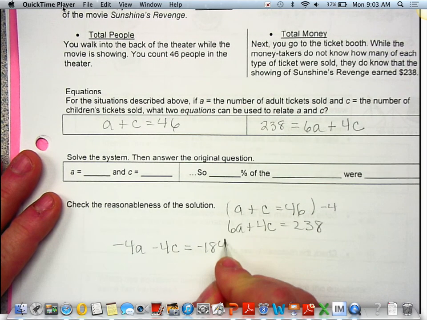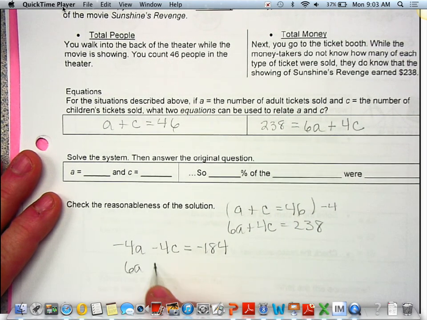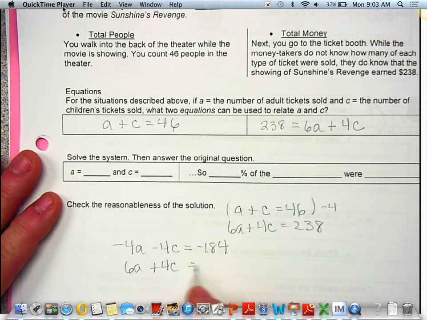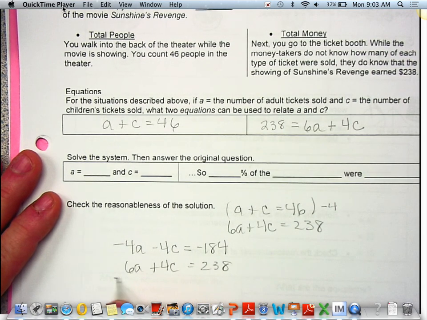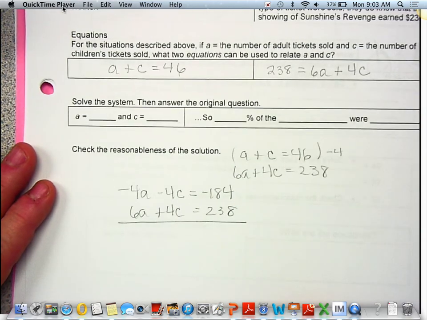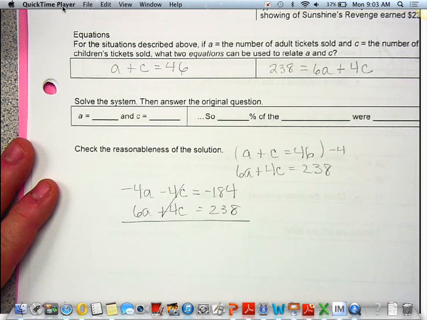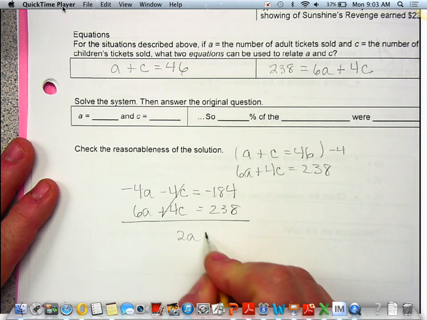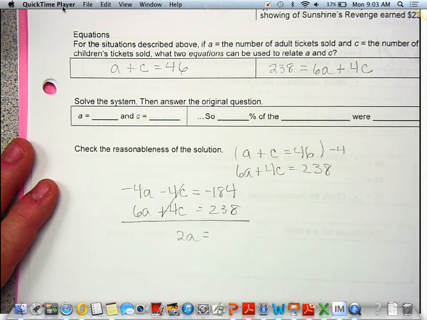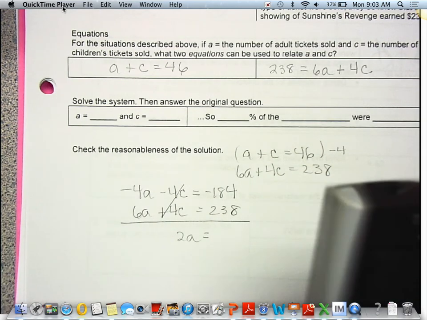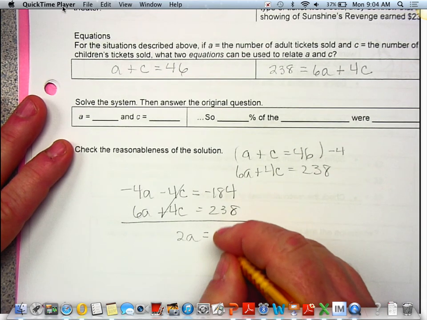Then we have 6A plus 4C equals 238. Which ones eliminate? The C. So -4A and 6A gives 2A equals -184 plus 238, which is 54.